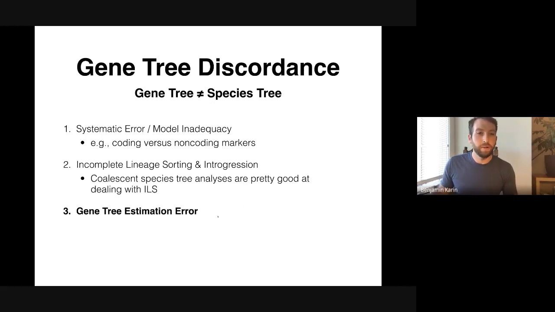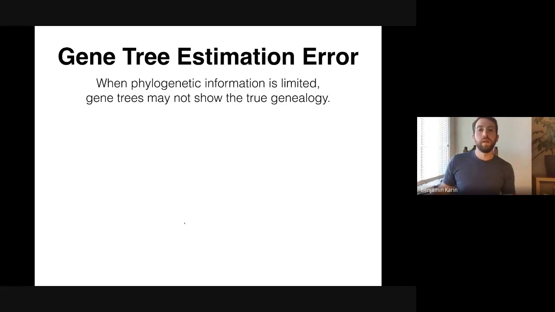But a third issue is gene tree estimation error, and this is really where we focused our attention, trying to have really high quality individual gene trees. I'm going to go into this in a little more detail here. Gene tree estimation error is when phylogenetic information is limited, so the gene tree may not show the true genealogy.